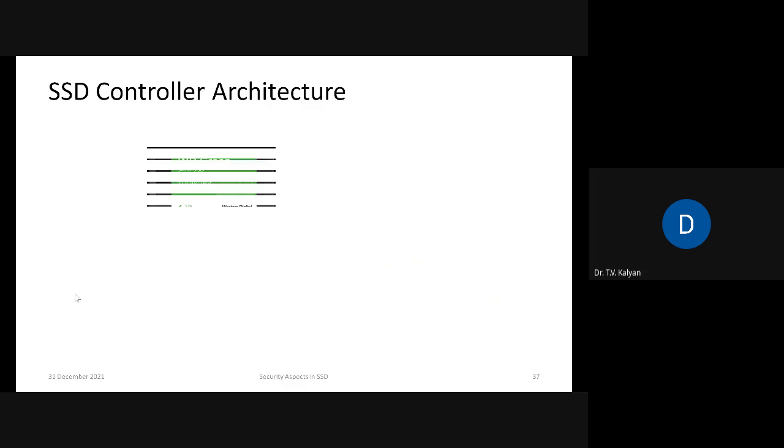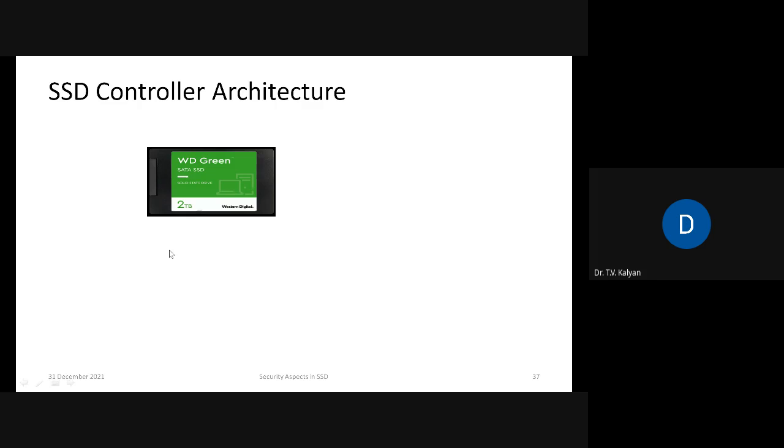With that, we now come to the SSD architecture as a whole. This is a typical SSD, how it would look if your laptop has an SSD, or an elongated version of this. And this is an external SSD.